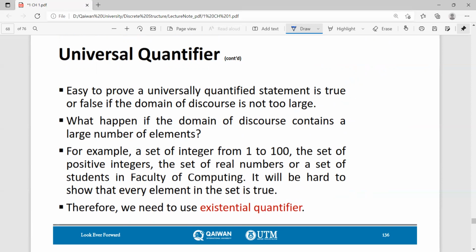Here we say if our domain is not small, if it is too large, and we don't know if there's a point in the domain which doesn't satisfy the proposition or not, then for big domains it's easier to use the existential quantifier.